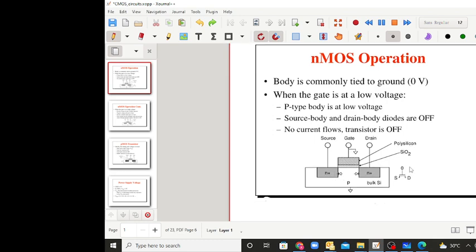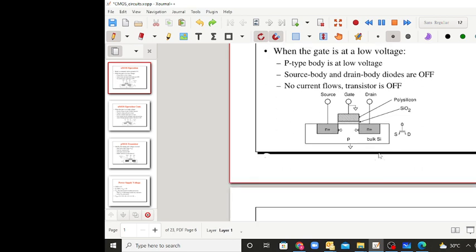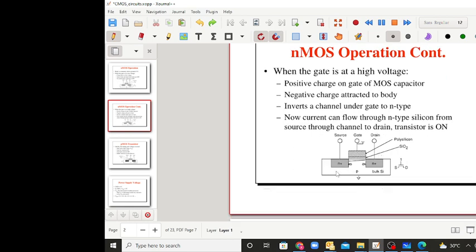This is the NMOS operation: a channel is formed when the gate is given a positive voltage, and then current flows through the transistor.